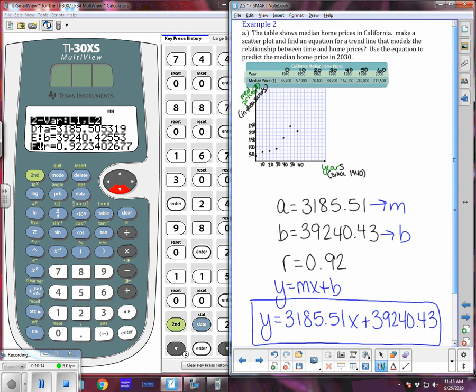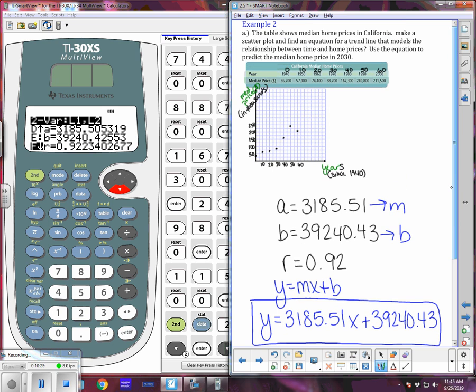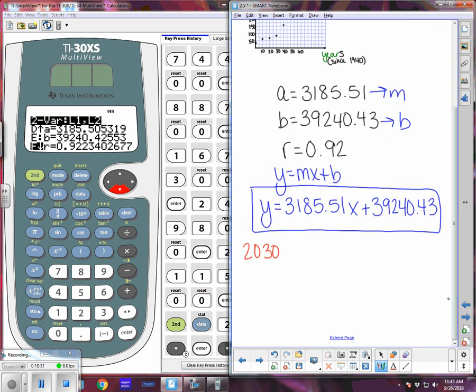The last part of the question says, predict the median home price in 2030. So this part can get a little tricky as well. They want to know about 2030, the year 2030. But remember, we talked about the fact that we scaled those years back, and our very first year was 1940. So what you need to do is 2030 minus 1940.